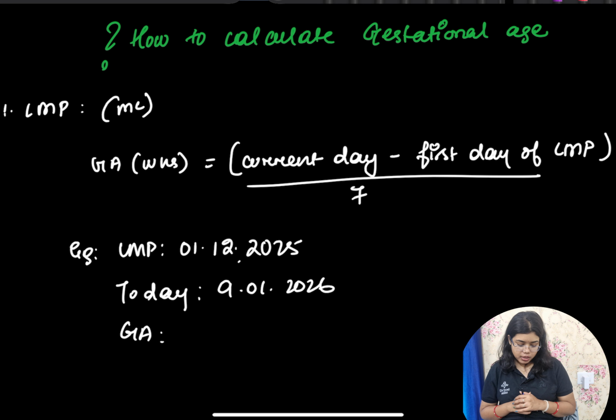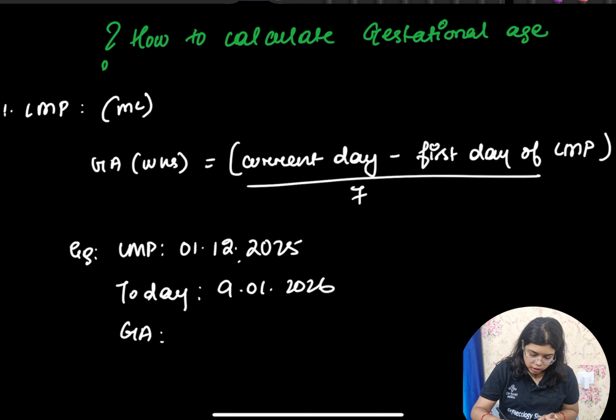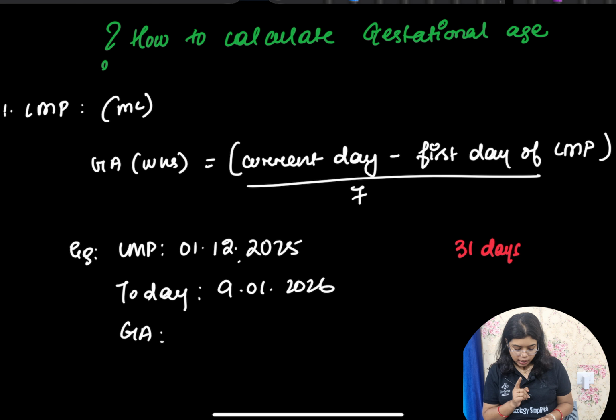Say we have a patient whose LMP is 1st of December 2025. So we will calculate the gestational age. December we have 31 days, as the LMP is day 1, that is 1st of December 2025. We will calculate till today, which is 9th January 2026.